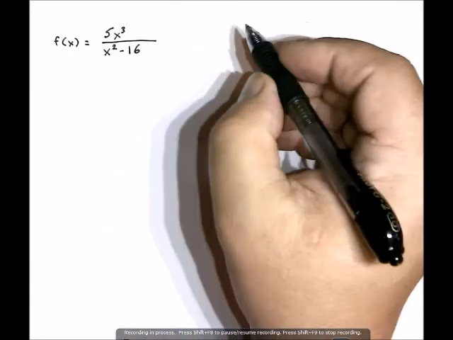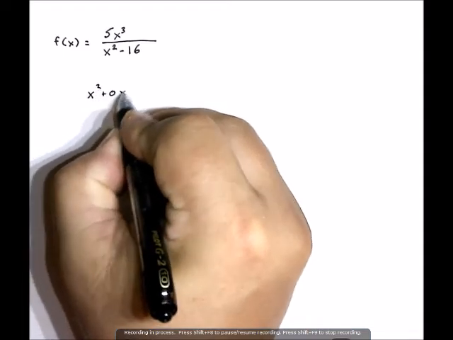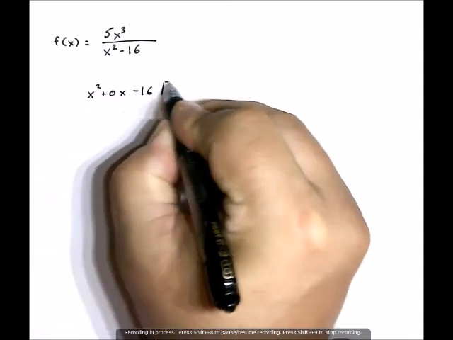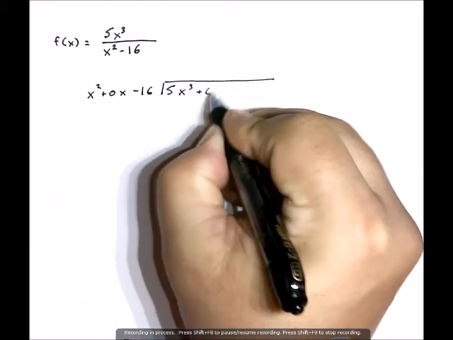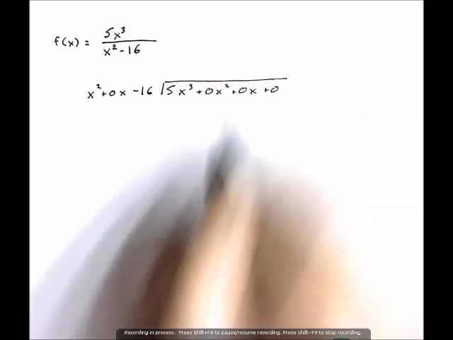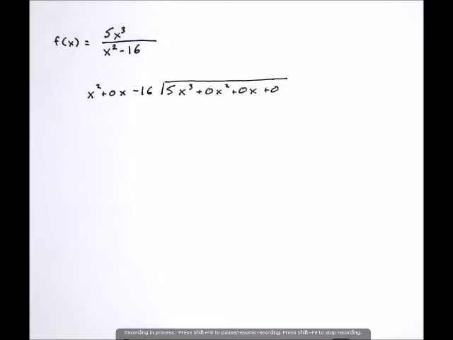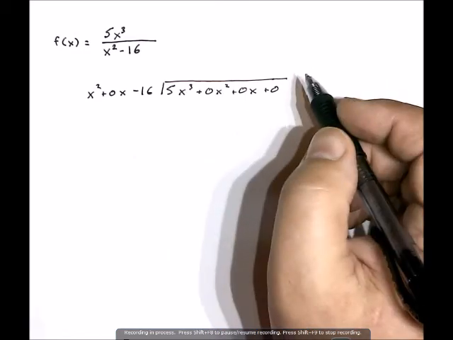What we do for oblique asymptotes is set up a division. Sometimes synthetic division will work, sometimes it will not. So in this case, we're going to have to do long division.